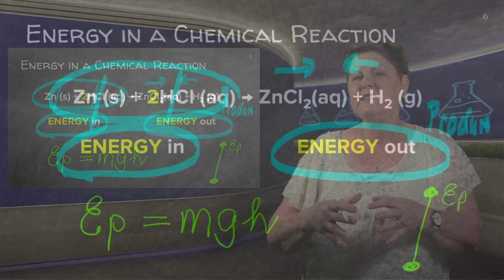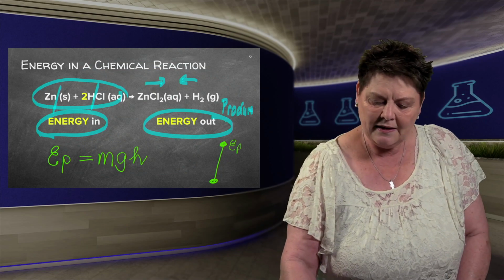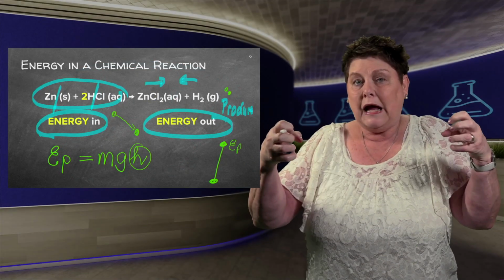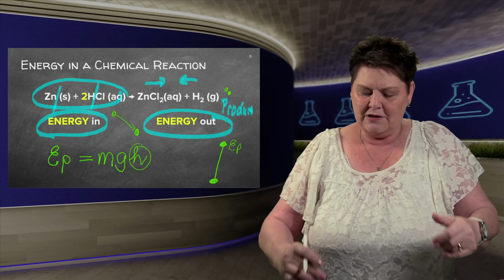Well, in a certain sense, this is also related to that, because we are taking these particles and pulling them apart, so we're increasing the distance between them, and as soon as they move towards each other, they release that energy again. So just think in terms of distance between them. They're being pulled apart. I need energy to do that, and as they move towards each other, they release energy again.